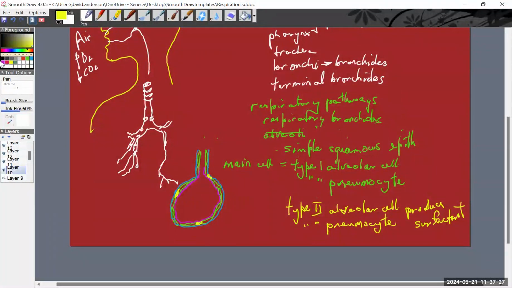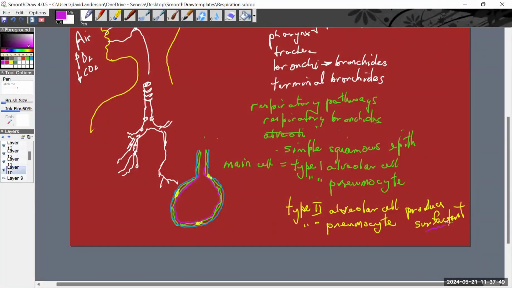So surfactant, we've depicted in this purpley color, is going to line the inside of the alveolus, and technically what it does is reduce surface tension, but importantly what that means is it helps to ensure that the alveolus does not collapse.